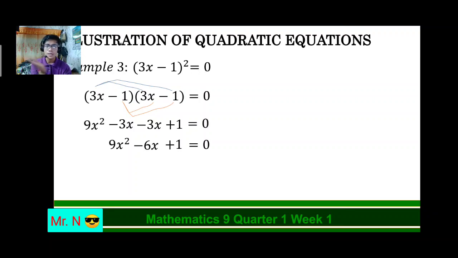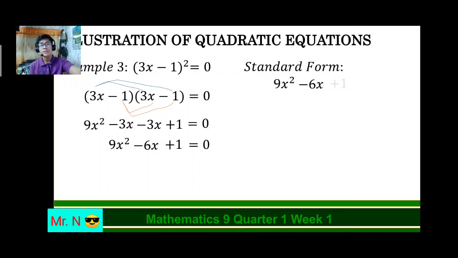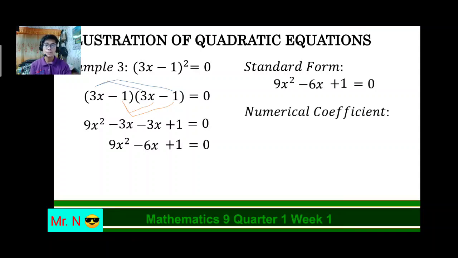So, meaning to say, it is a quadratic equation written in its standard form. 9x squared, quadratic term, linear term, constant term is equals to 0. Let's find the values of a, b, and c, the numerical coefficients. A can be found in the quadratic term, which is 9. And then b can be found in the linear term, which is negative 6. And the constant term is 1.